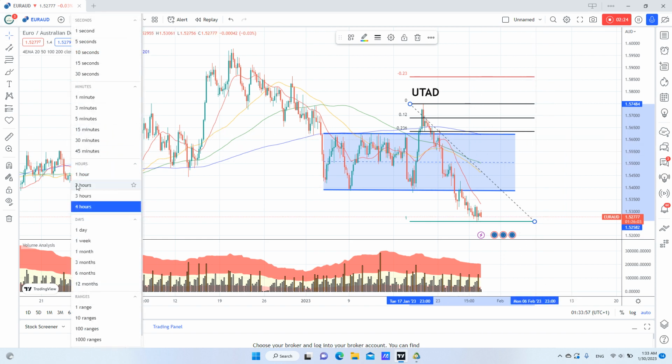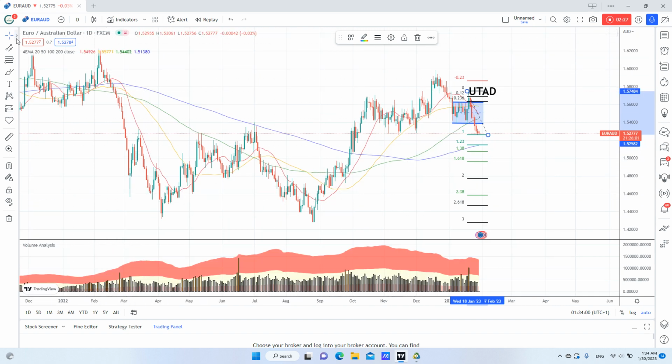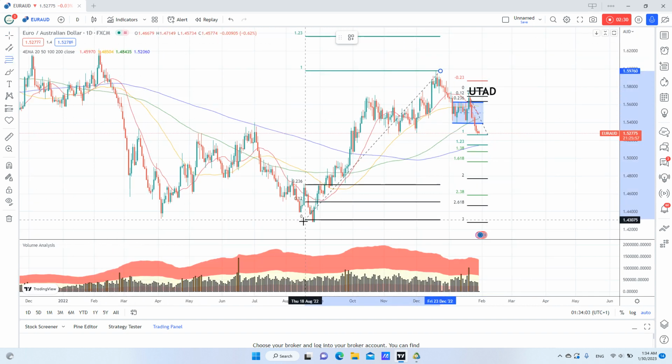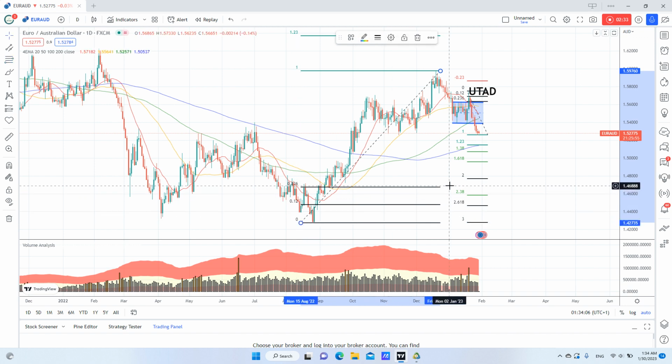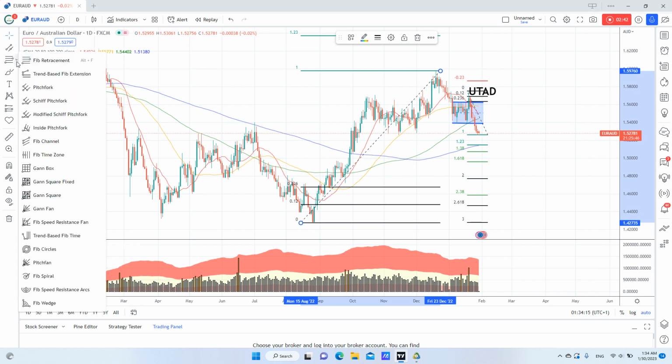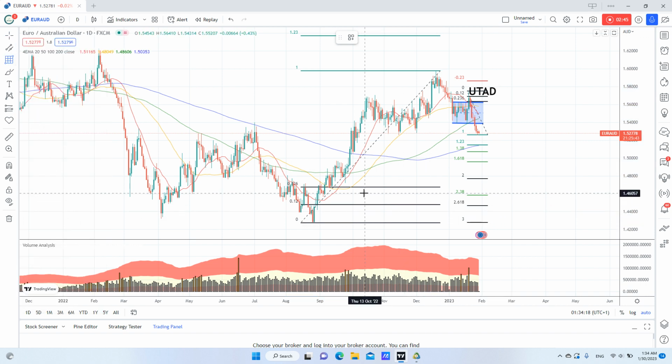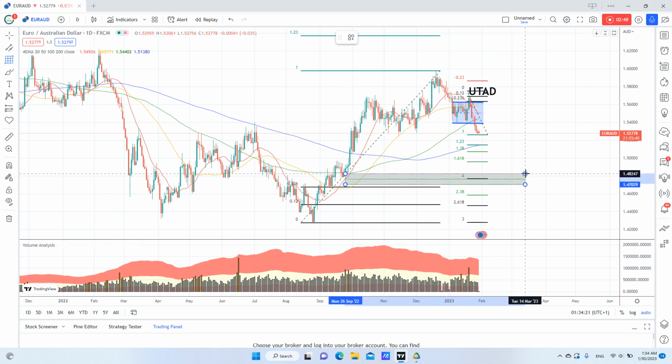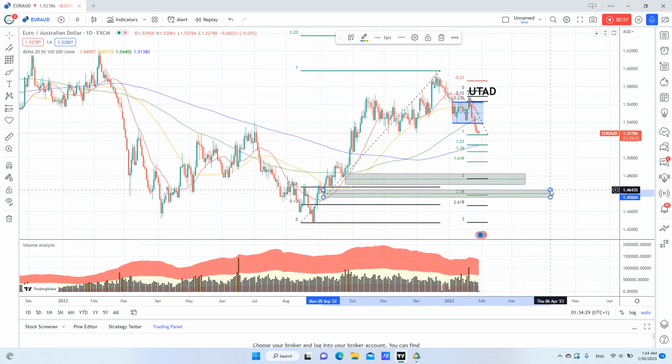And I will target, if we look at daily, we have this leg here, so I will be targeting the 77 here, this one here, maybe this one is an order block, and also this one here. So any of these order blocks which are confluent with the 2 extension level and 2.38.